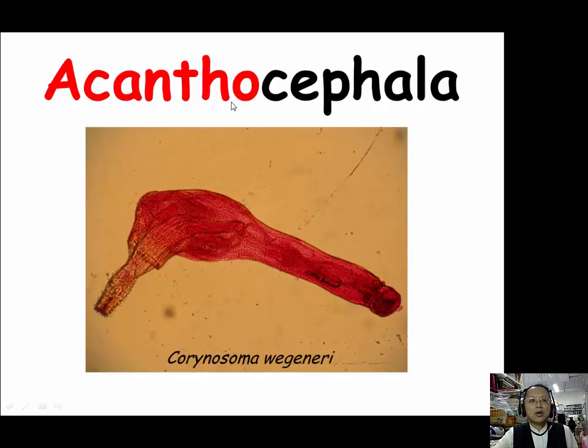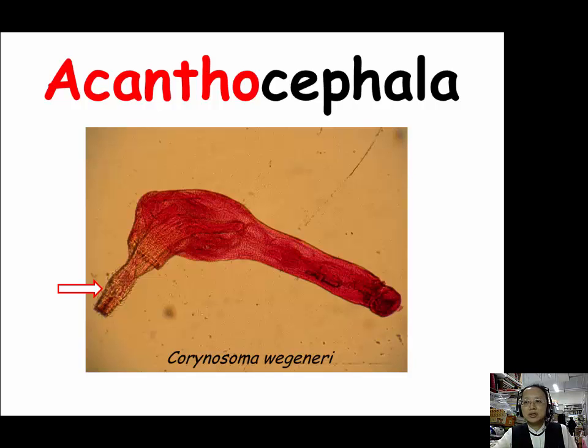It is called Acanthocephala because of their proboscis, which is this part of the organ, the snout or head of it, and usually they use it to attach to the host and feed.